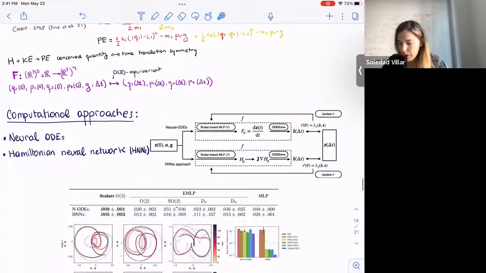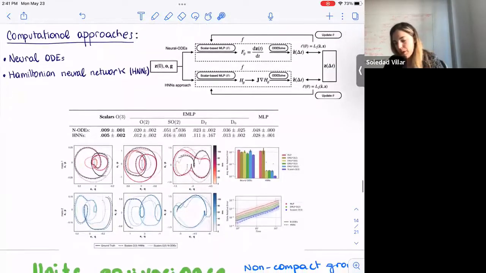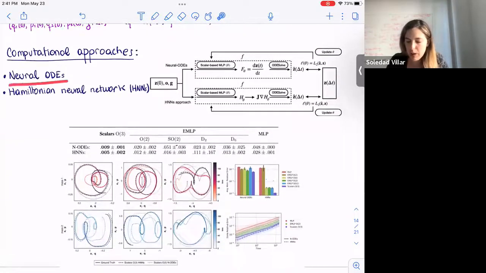And we did it using two computational approaches. One is called neural ODE, and the other one is called Hamiltonian neural network. Maybe I'll explain just how the Hamiltonian neural network works. Given all the vectors that go into play, like the positions and the velocities and the gravity, you learn a Hamiltonian from these things, and then you integrate the Hamiltonian to make the predictions.